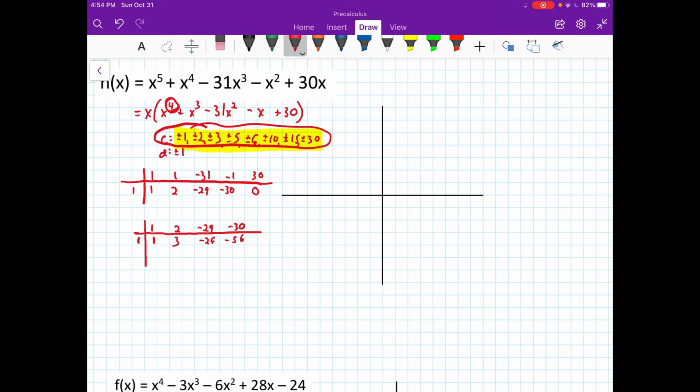Well, that's not even close. If it's not close, you could skip a couple numbers if you wanted to. Let's try 3.